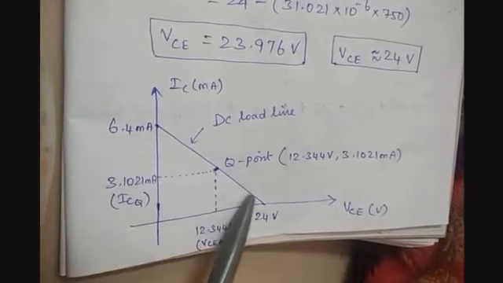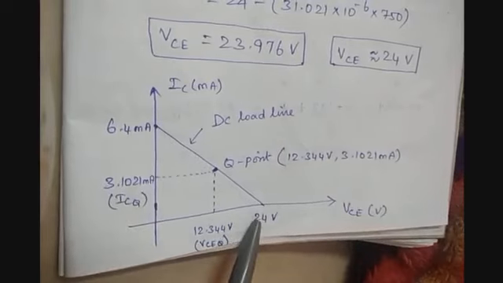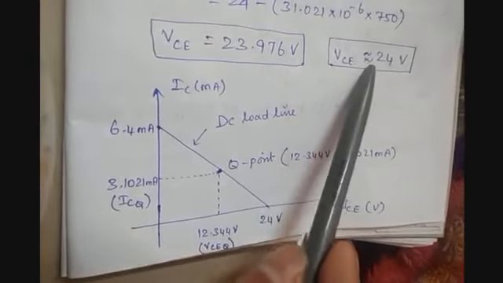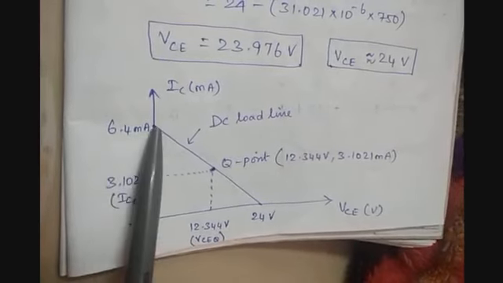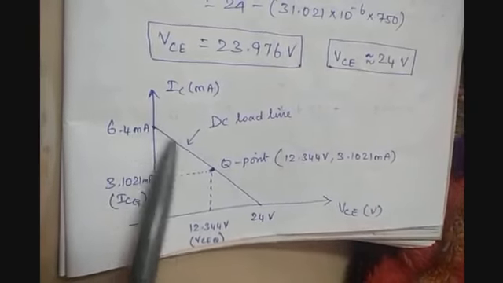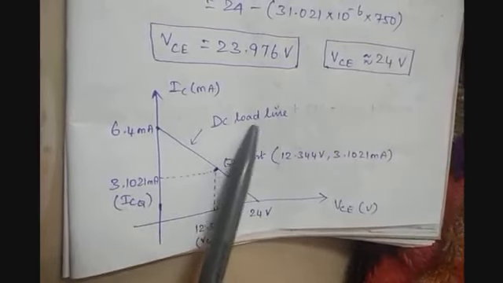See, on the x-axis and on the y-axis we got the points. Just now we calculated 24 as the point on the x-axis and 6.4 milliamps as the point on the y-axis, and draw a line between these 2 points, that is the DC load line.